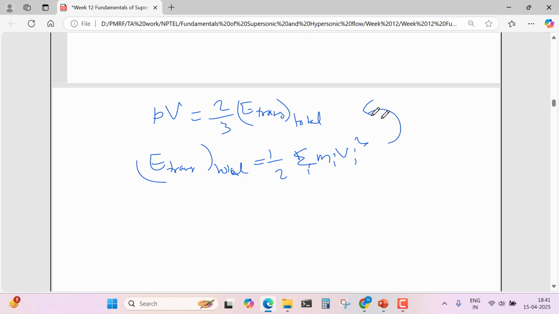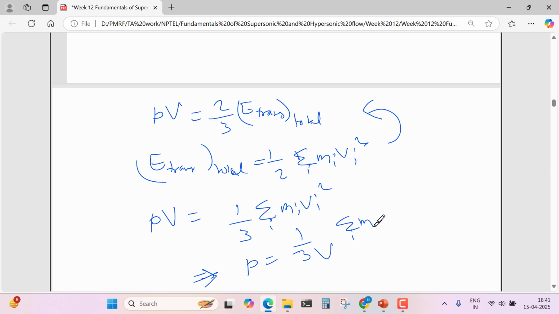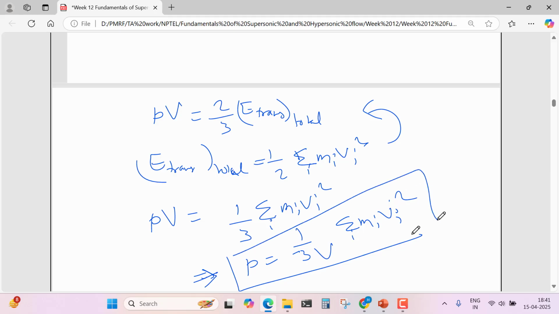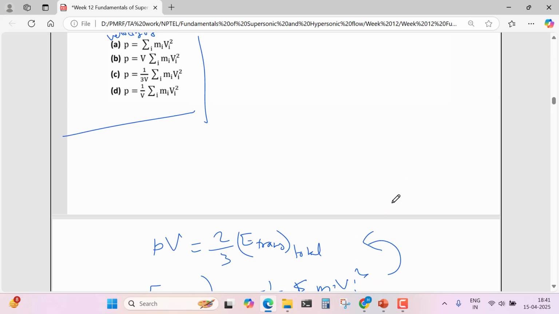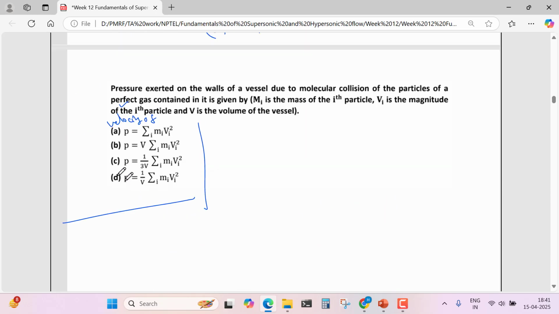If we substitute this here, then what will we get? PV equal to 1 by 3 sigma mi vi square. And if we take this V to the other side, then we get P equal to 1 by 3V sigma i mi vi square. This will be the pressure. So which option is correct? Option C is the correct option.